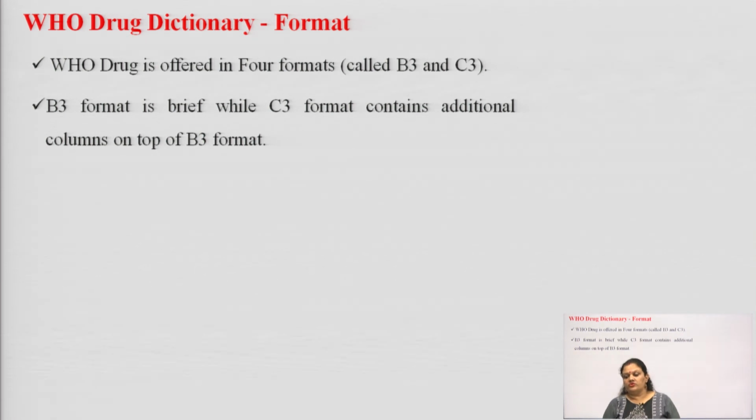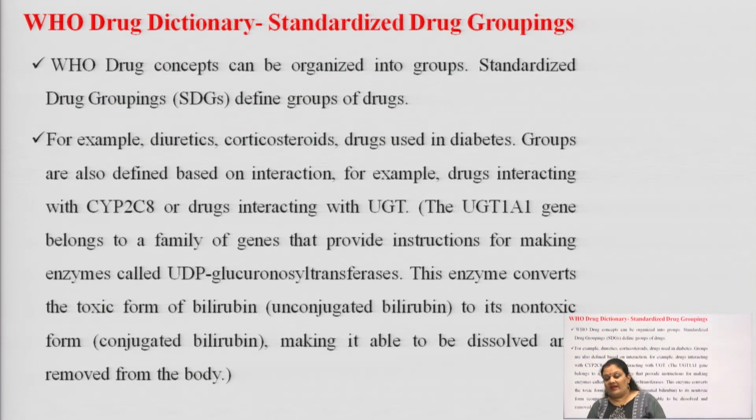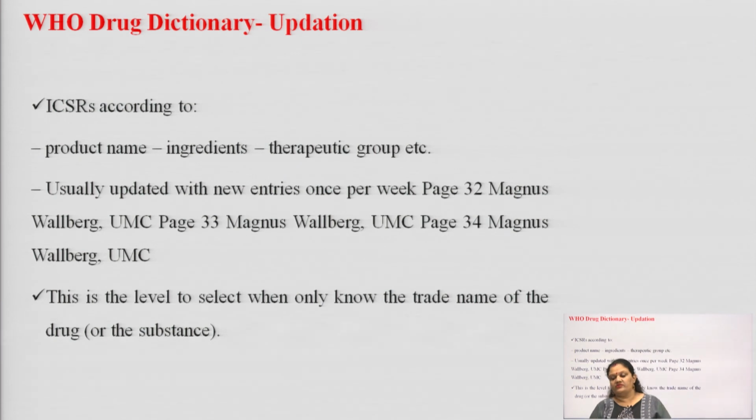The WHO drug dictionary is there in the B3 and C3 formats. Then we have SDGs, meaning standardized drug groupings, which will give you enhanced information about the different classes of drugs, like diuretics, corticosteroids, UGT, or we can say the cytochrome based treatments.